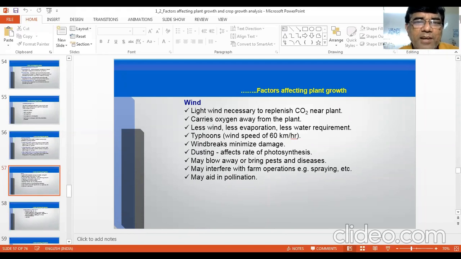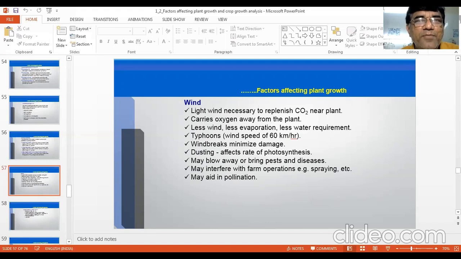Light wind is necessary to replenish CO2 near the plant. Suppose photosynthesis is going on and wind is not blowing, then the carbon dioxide around the plant will become lower. To bridge the gap, you need wind so that CO2 can come from farther places near to the plant. So light wind is necessary to replenish the CO2 near the plant.